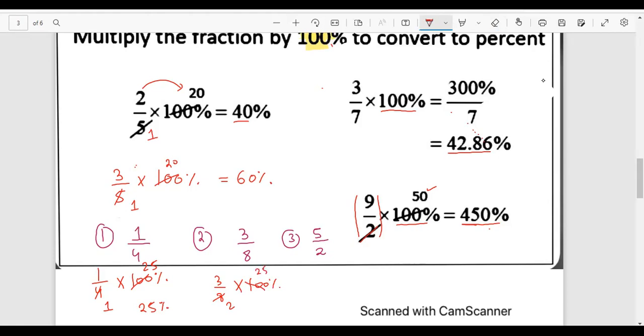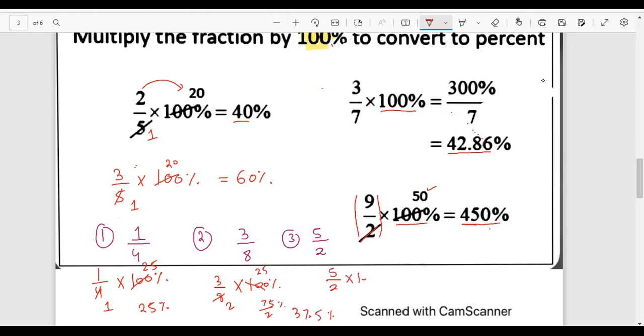So 3 multiplied by 25 is 75 divided by 2%. You just need to do 75 divided by 2 and you would get the answer. You can do it by long division and it would give you 37.5%.